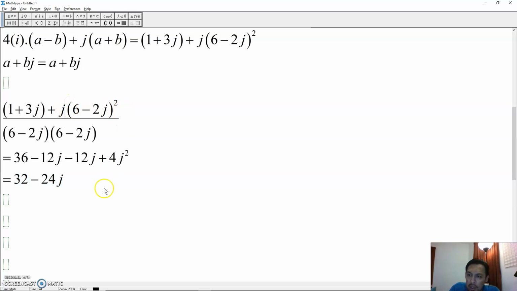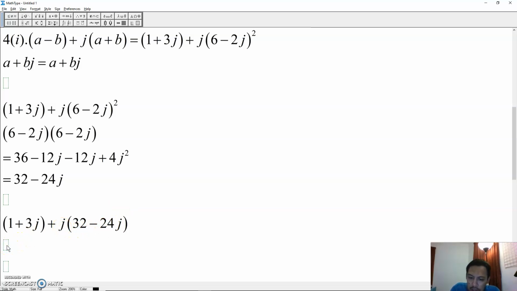Let me put it down here and substitute this. We have calculated this, and the next part is to multiply by the j.